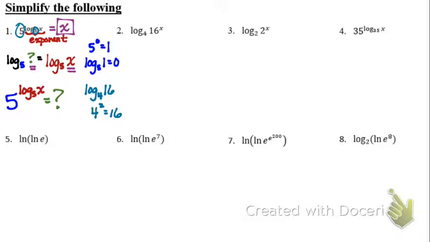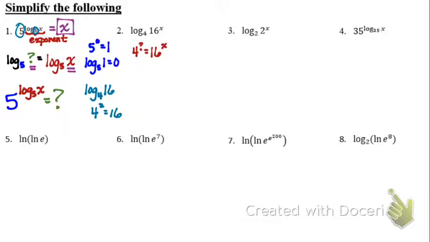Let's look at number 2. This one's written in what form? Log form. So I could think about this in its exponential form. 4 to what power would give me 16 to the power of x?